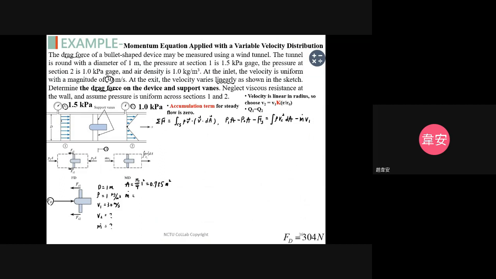And what is the mass flow? If we focus on the cross-section area, the mass flow is equal to rho V A, right?